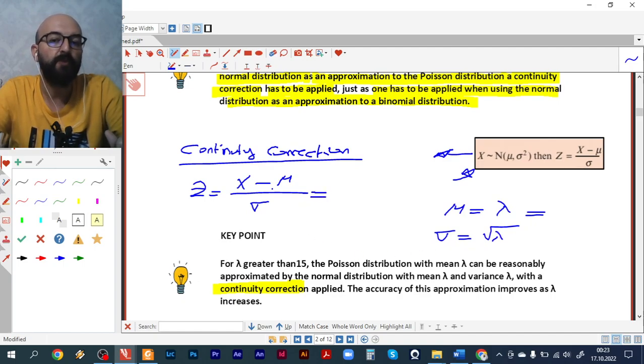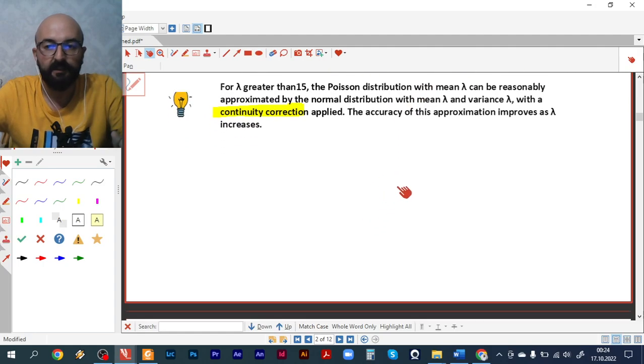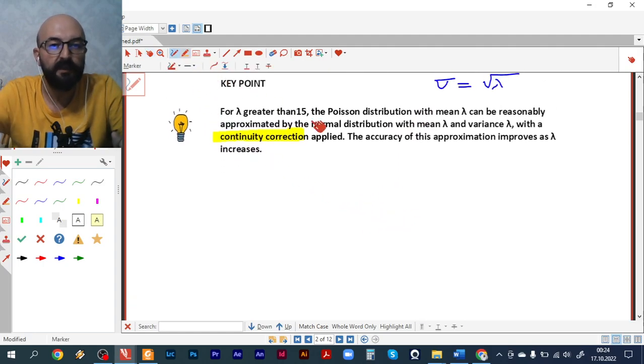So when you make the continuity correction in Poisson distribution, you should use this formula: x minus lambda over square root of lambda. Okay, and this is very important.